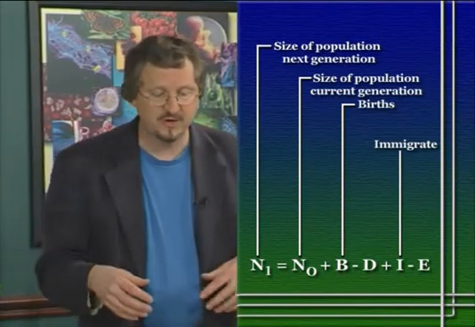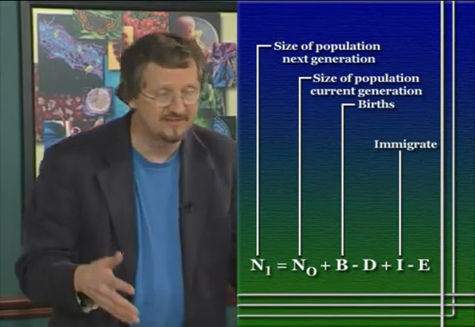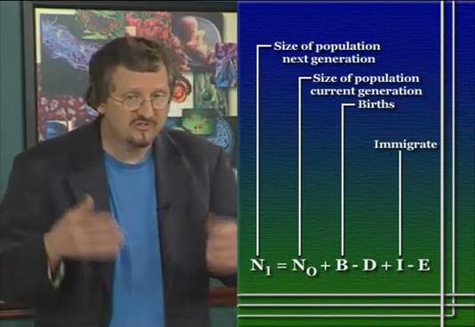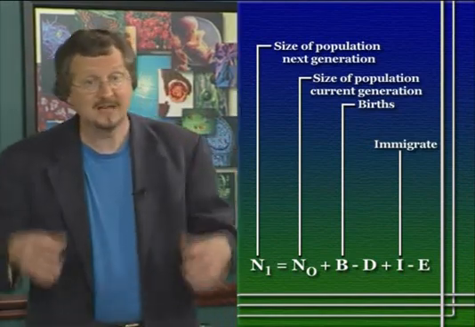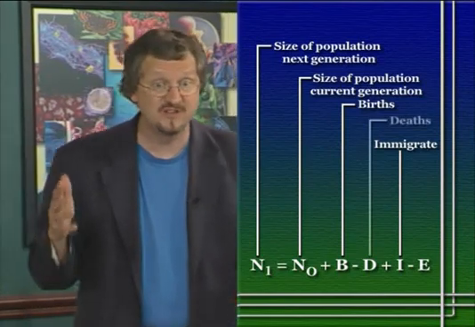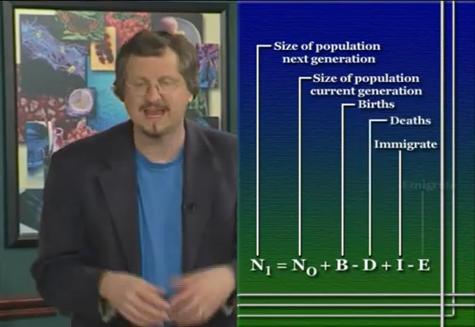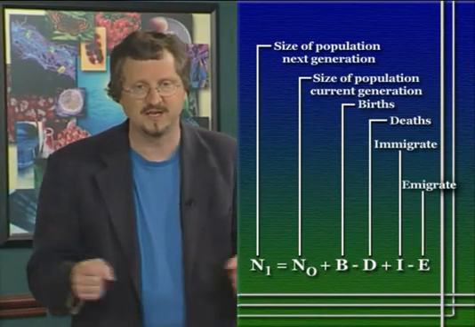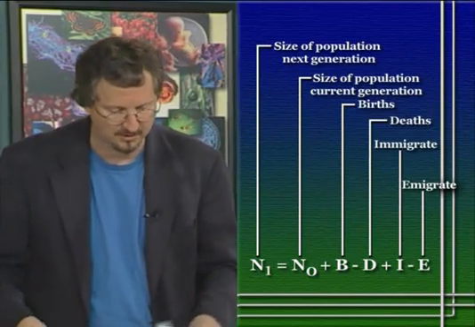So of course, we're going to add B and add I on the right side of this equation because they're going to increase the number of individuals. We're also subtracting some things from the right side of the equation. We're subtracting capital D, and that stands for the number of individuals that die in some period of time. And we're going to subtract this capital E. Those are the number of individuals that emigrate out of the population, leave the population and go someplace else.